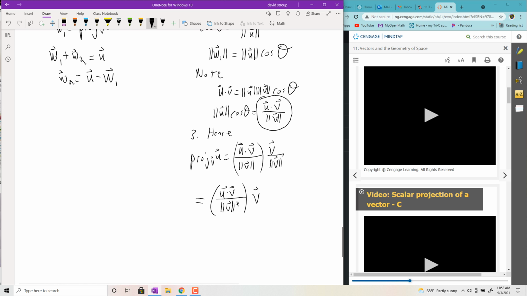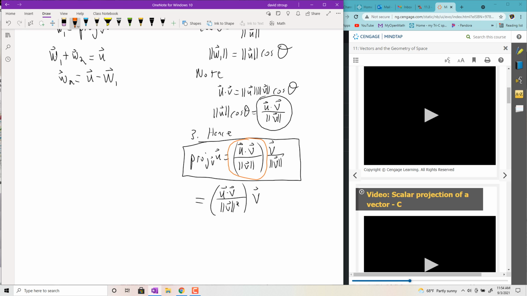So one thing to notice is I often like using the projection formula in this form, in particular because I could figure out the magnitude of the projection if I just get this thing right here, because the magnitude of that v over magnitude of v is just 1, right?